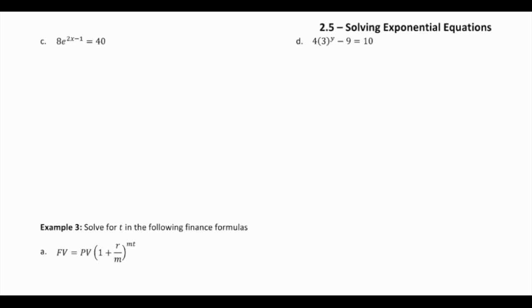Example C, again, we need to isolate our exponential expression. The 8 is multiplying with e to the 2x minus 1, so we divide both sides by 8. That leaves us with e to the 2x minus 1 equals 40 divided by 8, which is 5.